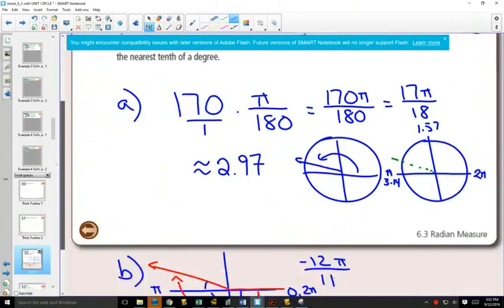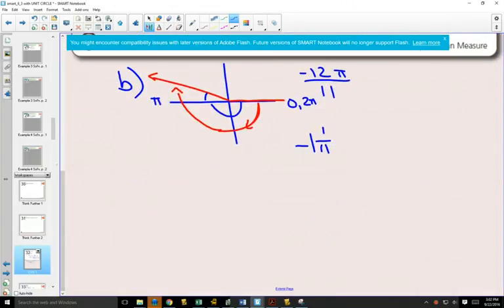We want to find out what that is in degrees. Well, we found out that 1 radian was 180 over pi. So if we want to find out how much negative 12 pi over 11 radians is, we would have to multiply by 180 over pi. Notice your pi's will cancel out here.